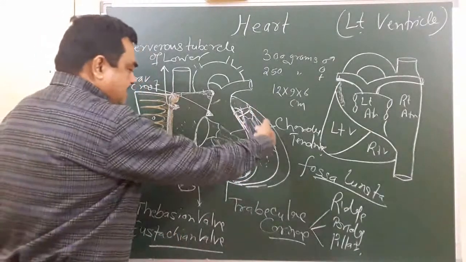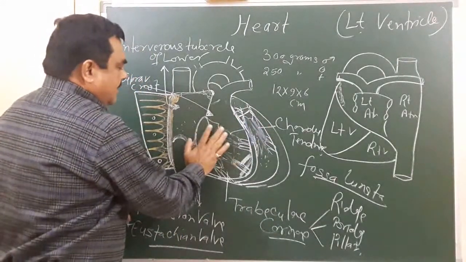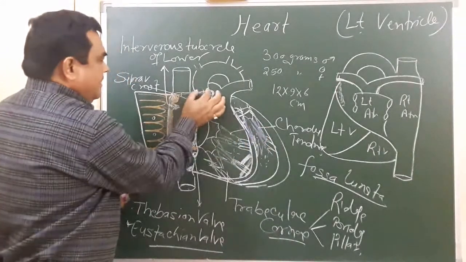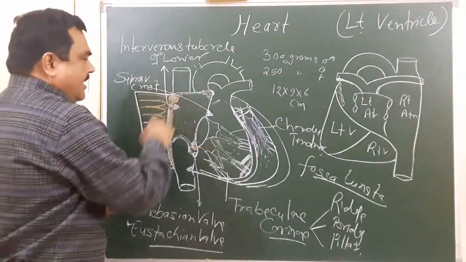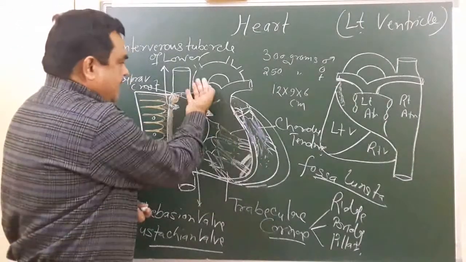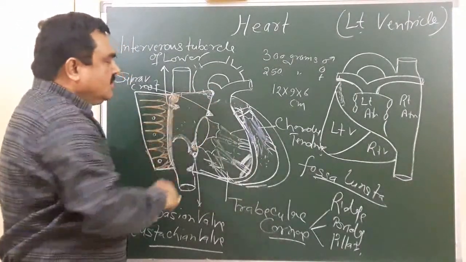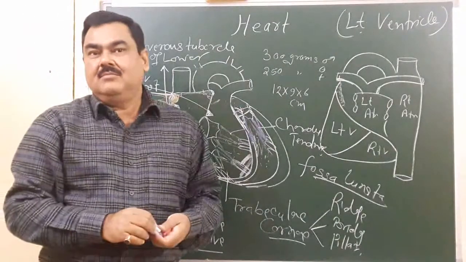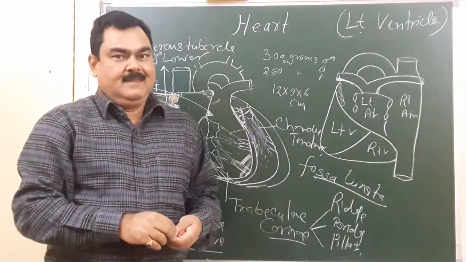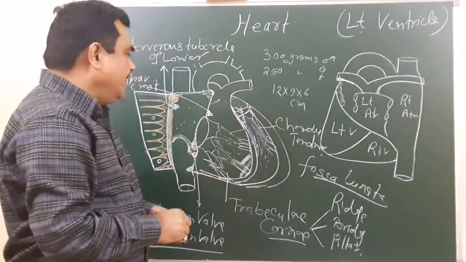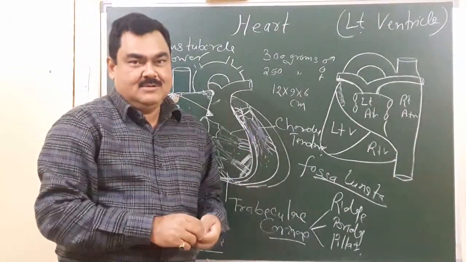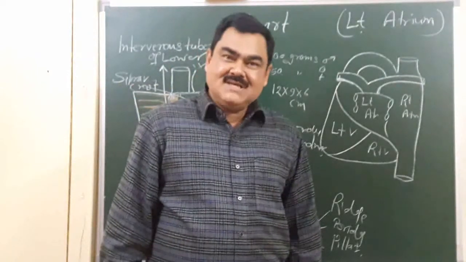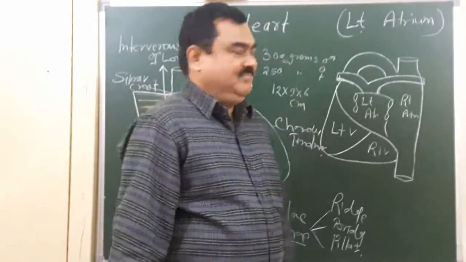It passes deep to the right ventricle, and here it communicates with the aorta. From here to here, the rest is smooth and develops from the bulbus cordis. So this is all about the left ventricle.